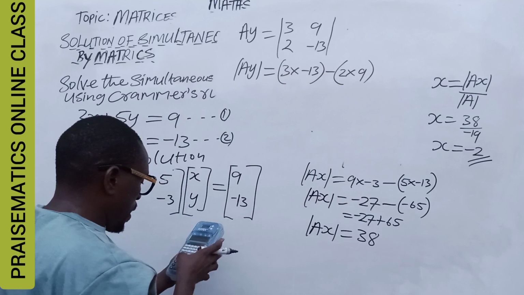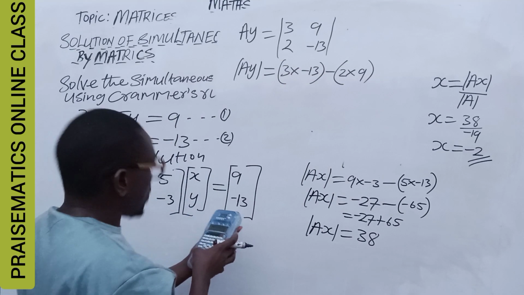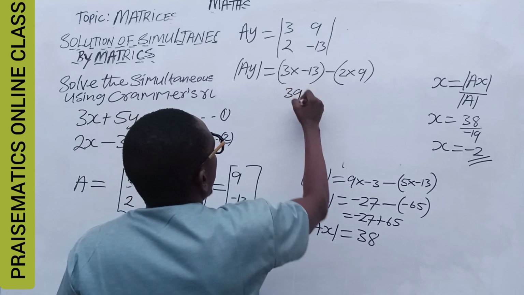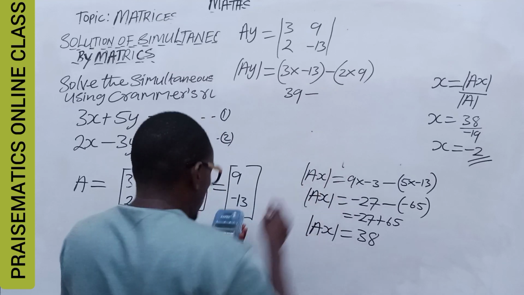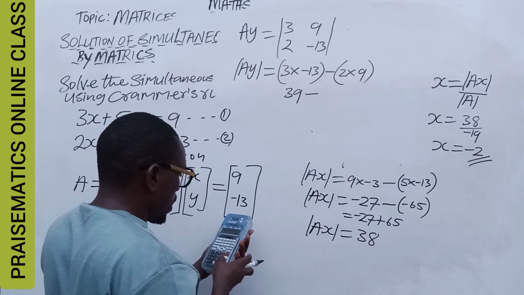3 times 13 equals 39, so 3 times -13 is -39. Then 2 times 9 will give us 18.